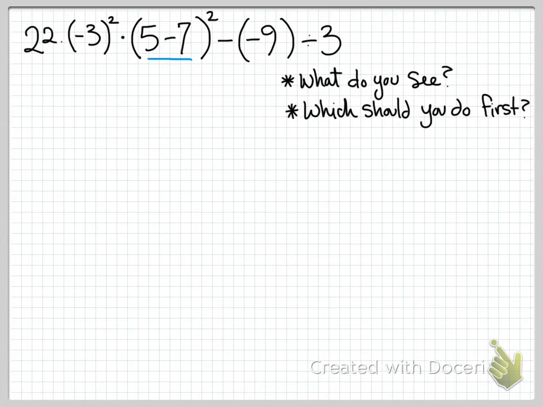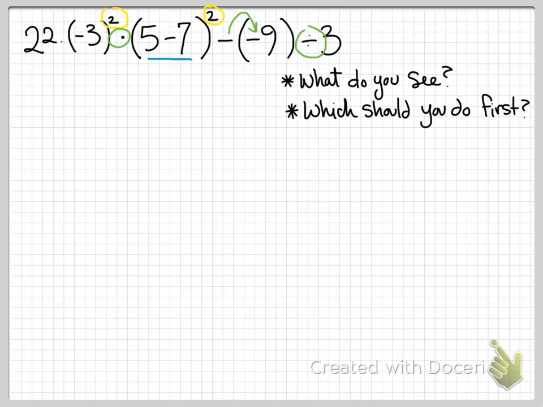Then we'll be able to do the exponents. And then we'll be able to do, let's see, the division and the multiplication. And we'll put this distributive property in with that too.